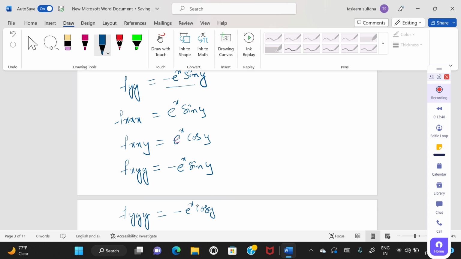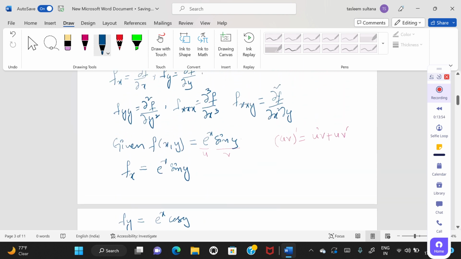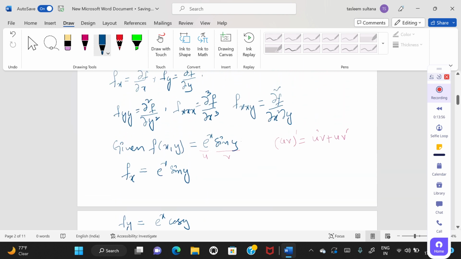Now we need the values; we need the values of all at zero. We are going to substitute 0 comma 0 here, and from there we are going to get the values. So f(0, 0) equals e^0 into sin 0, which equals 0.